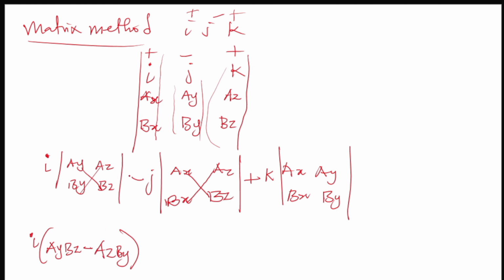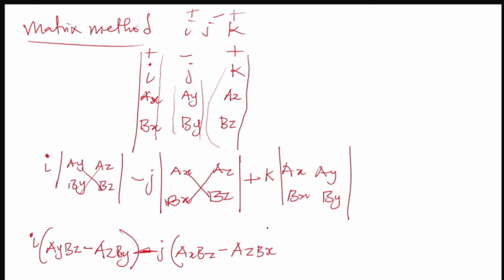Now, what's the next thing? The next thing is you have minus J here. So since you have minus J, you can represent this to be minus J. So since you have minus J there, AX multiplied by BZ. So this will give you AX BZ, right? Minus what we have here multiplied by this. So that will give you AZ BX.